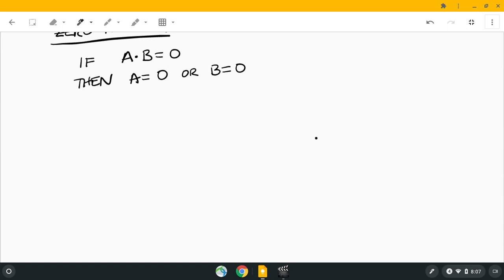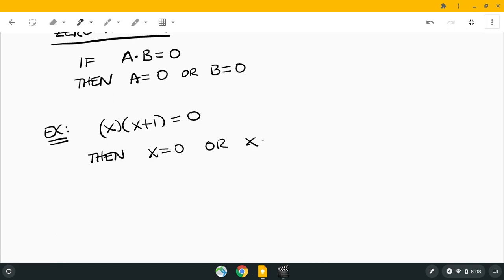For example, if you have this times this, and it equals 0, then one of those must be 0. Then this equals 0, or this one equals 0.